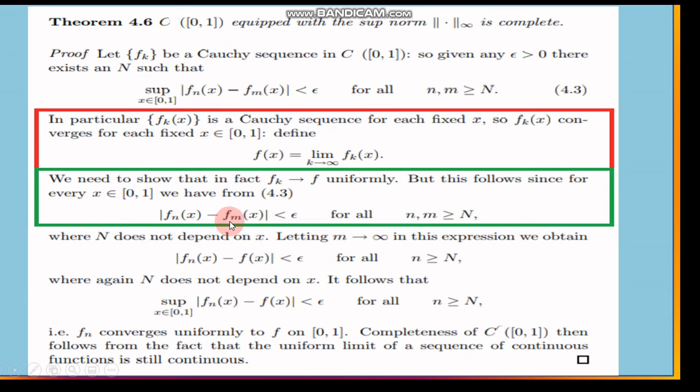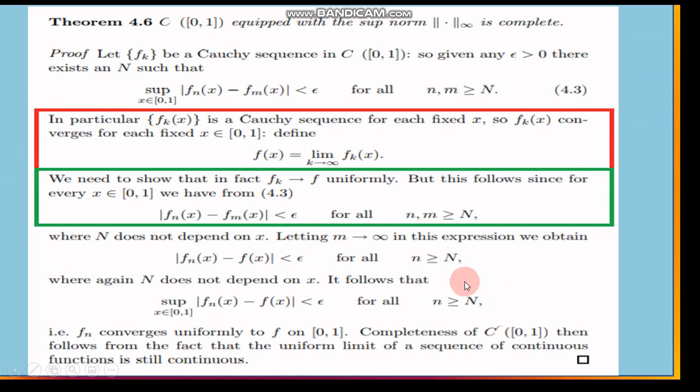Now let us suppose m tends to infinity. We know that each f_k converges to f. So we have modulus of f_n(x) minus f(x) is less than epsilon for all n greater than or equal to N. Here also N does not depend on x.